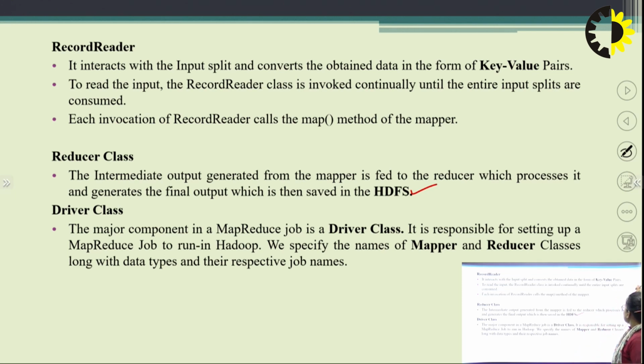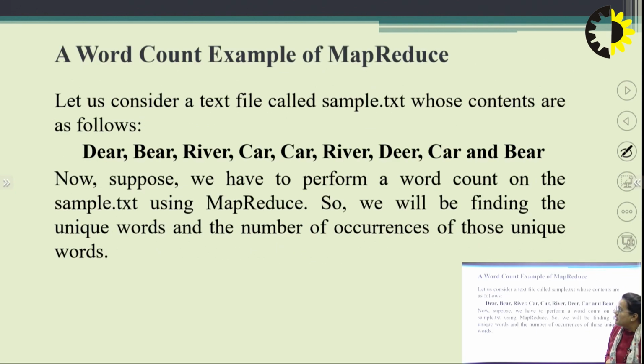Now let's see an example. This is an example of word count. Let us consider a text file called sample text, whose contents are as follows: deer, beer, river, car, river, deer, car, and beer. Now suppose we have to perform a word count on the sample text using MapReduce.